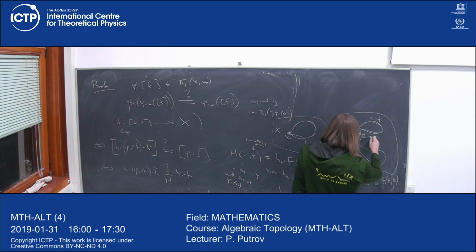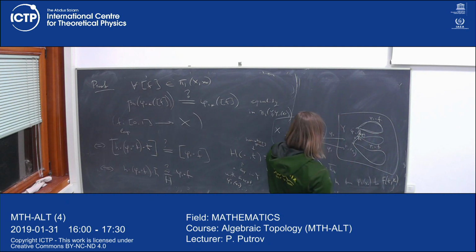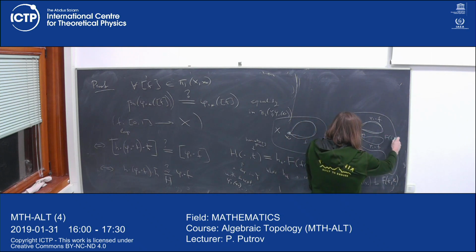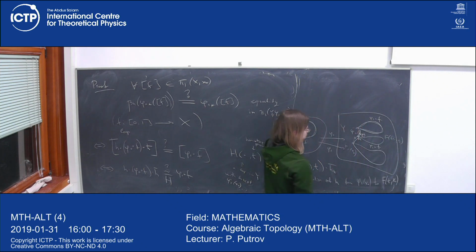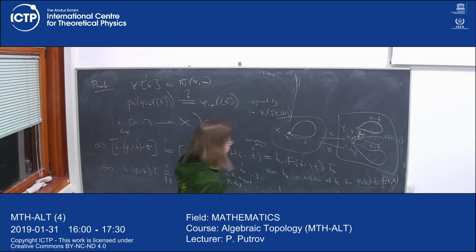If I draw this, as I start deforming t from 0 to 1, this is somewhere in between. I have this path f composed with f, and the second variable is t, and this is how my path h_t looks.